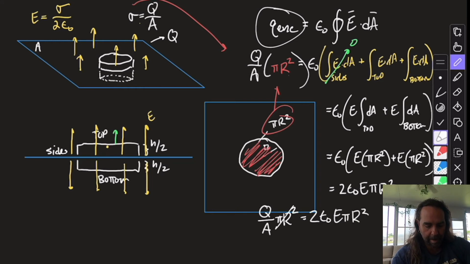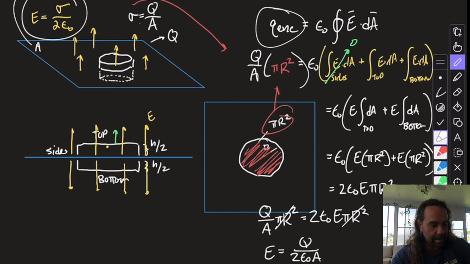And clearly the pi r squareds go away. Solving that for E, I get the obvious answer: E equals Q over 2 epsilon naught A, which is the same as this, except the sigma has been replaced with Q over A.